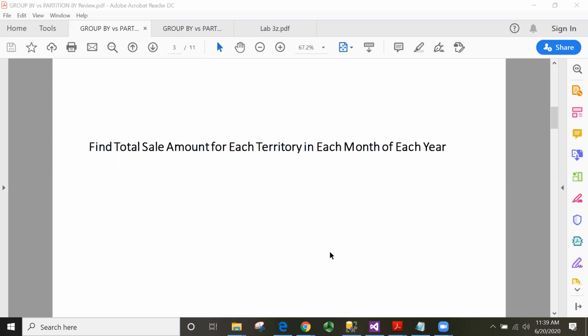I want the entire class to work on these exercises. You can work on them on a piece of paper or on your computer. The first question: we want to find the total sale amount for each territory in each month of each year. Pay attention to the question.